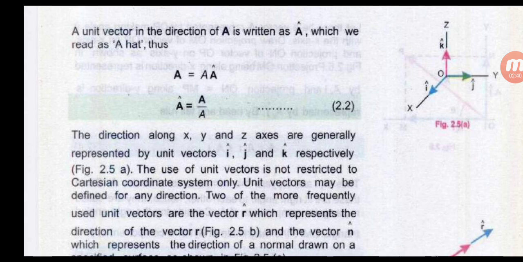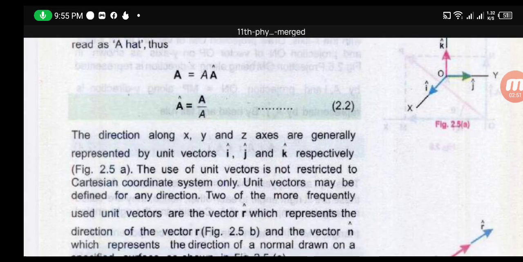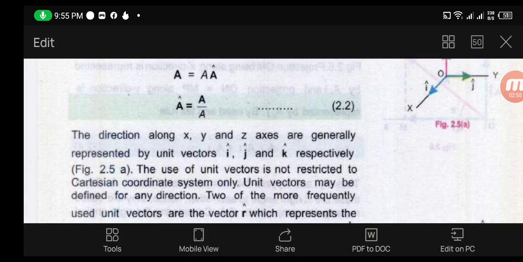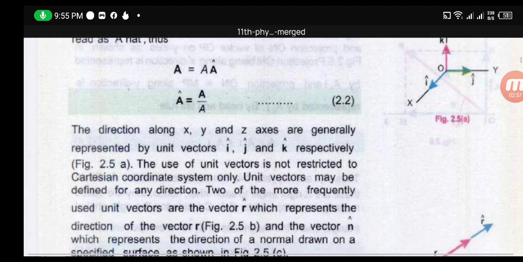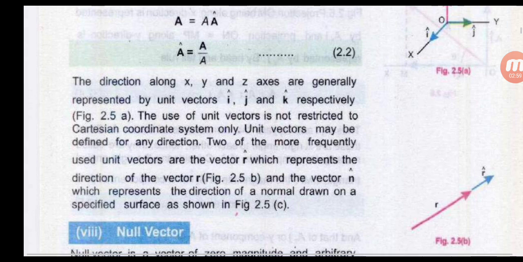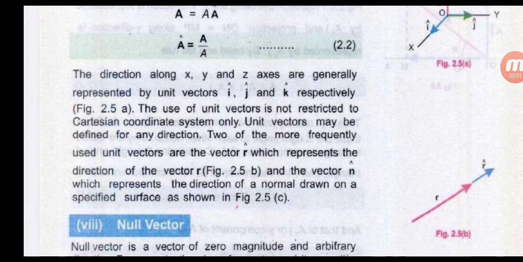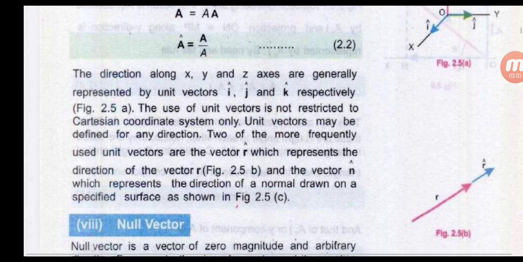The directions along x, y, and z axes are generally represented by unit vectors i hat, j hat, and k hat, respectively. Fig 2.5a. The use of unit vectors is not restricted to the Cartesian coordinate system only.